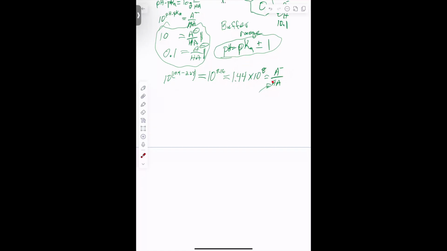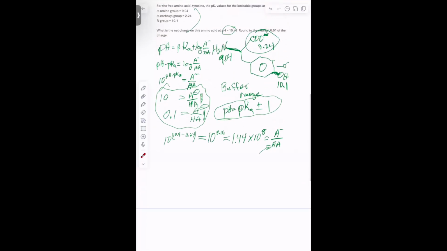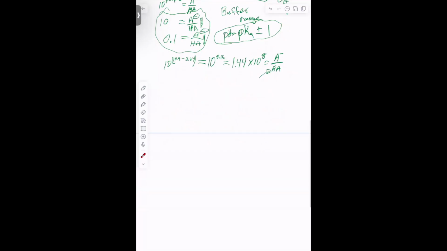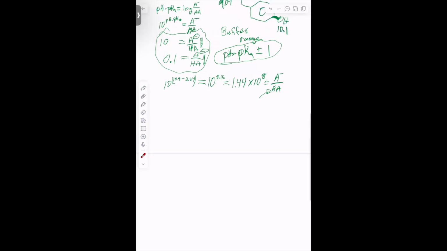So much so that the amount of HA that will be present will be diminished, hardly significant. So at this point, I would argue you could treat this as just a whole number one, because the amount of HA that's present is going to be insignificant. So you can ignore how much is there and just say all of it's A minus.